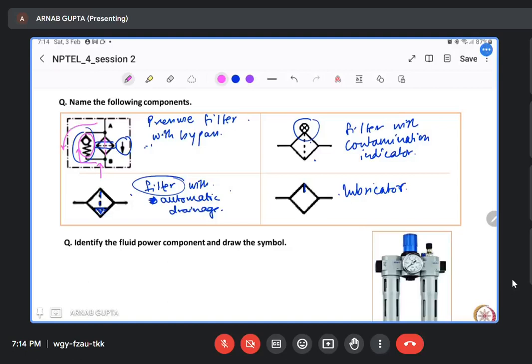So at A you will be getting filtered fluid. But when it is flowing in the opposite direction, from A to B, it need not go through the filter. It will come directly through this particular valve. It will open up at a particular threshold pressure of the liquid and allow the flow to happen in this direction. So in that case, it won't flow through the filter. Okay.